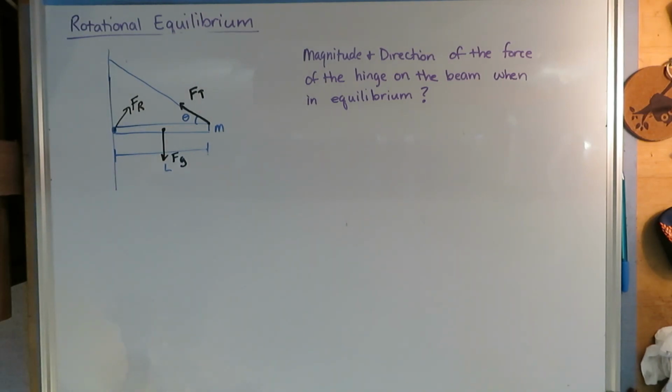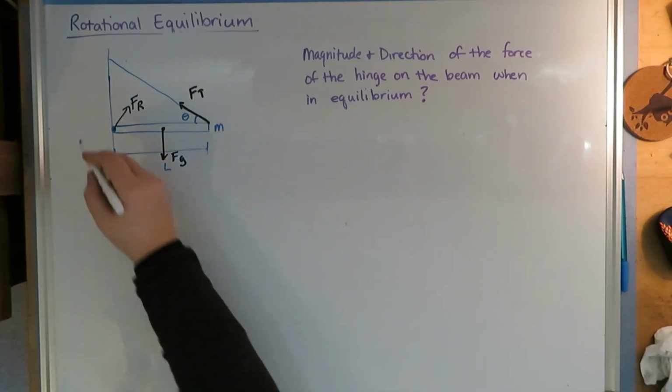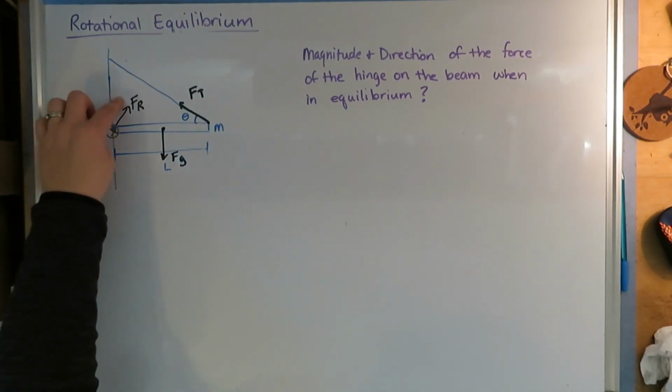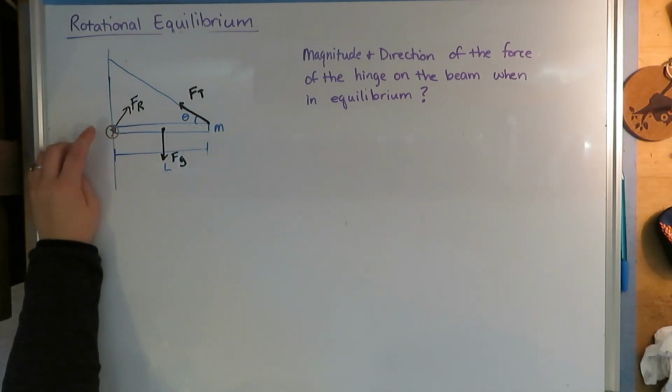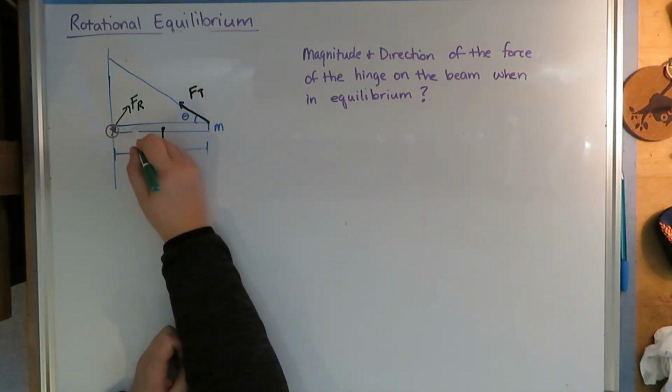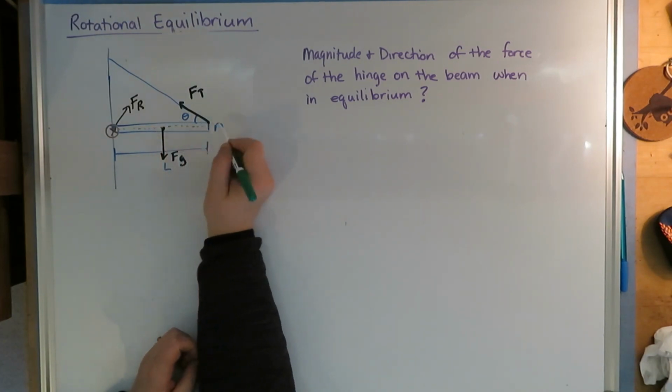I need to also identify their lever arms relative to the axis of rotation. So if I set my axis of rotation to be the hinge, then I can identify my lever arms. The lever arm for the resistive force is 0 because it's at that axis of rotation. So when we write our net torque equation, we're not actually going to need to include the resistive force, which is nice. I am going to have a lever arm for tension.